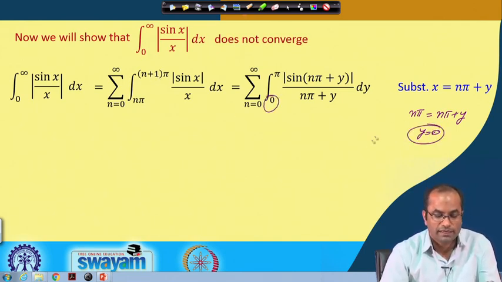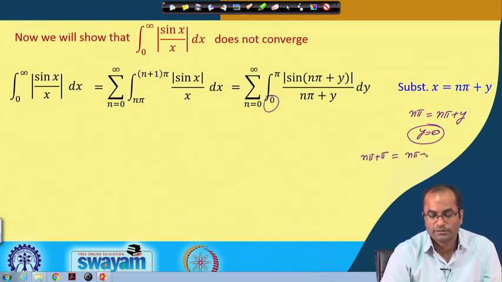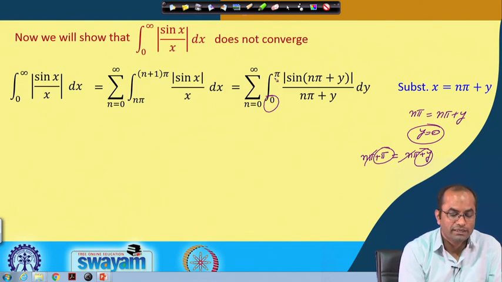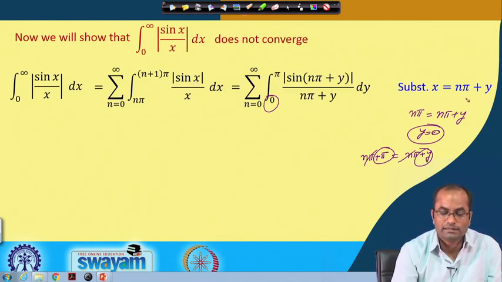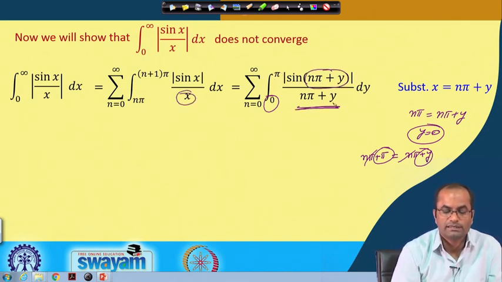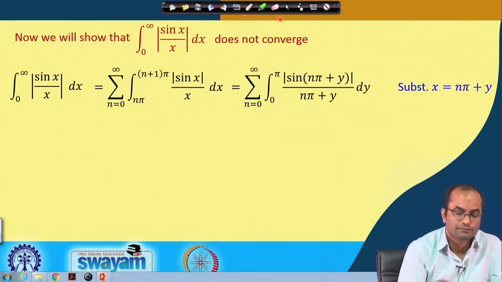When x was taking the value n plus 1 pi, y will take the value pi. So our integral is now from 0 to pi of the absolute value of sin of n pi plus y, over n pi plus y, where we have also substituted for x, that is n pi plus y.